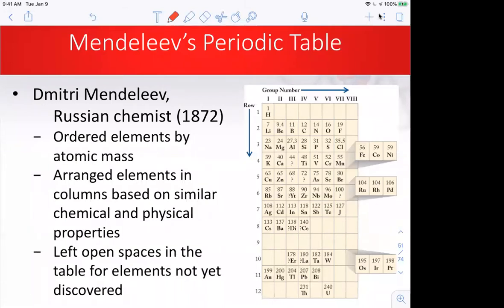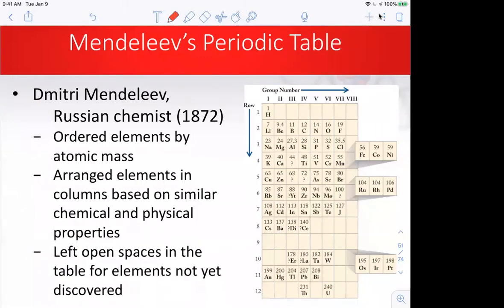So he arranged elements in columns based on similar chemical and physical properties, and he left open spaces in the table for elements not yet discovered. He organized the elements so that those with similar chemical and physical properties were in a column or a group.